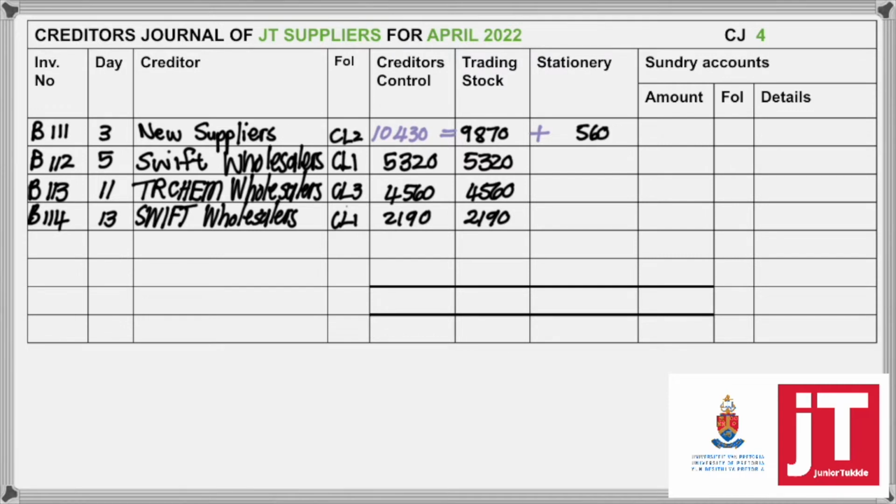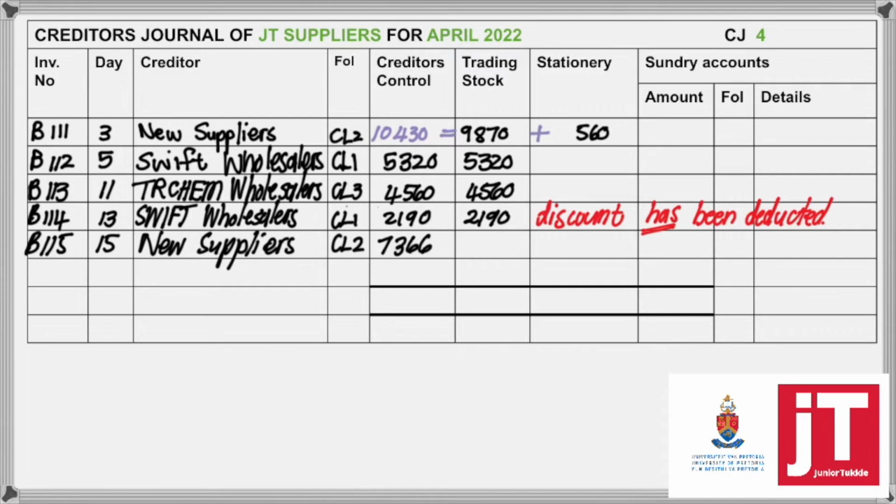And then B114 on day 13, we ordered stock, and that was the one that the trade discount has already been deducted. So we can just use the amount as is, 2,190 Rand. So remember, it has been deducted. I don't need to write anything else.